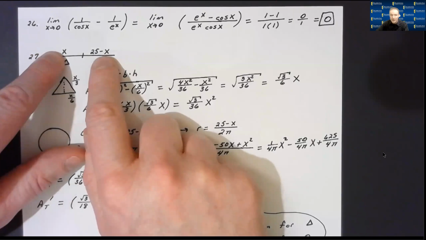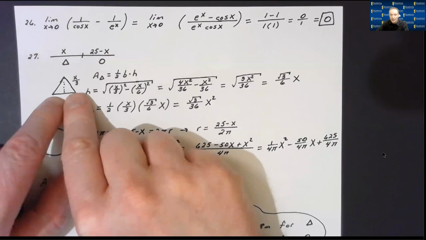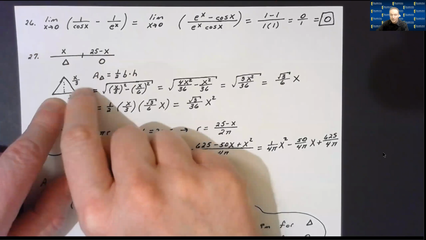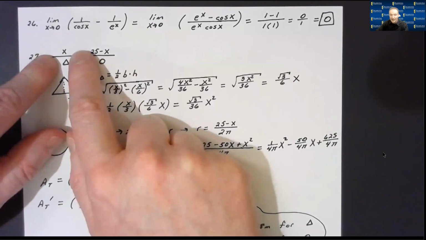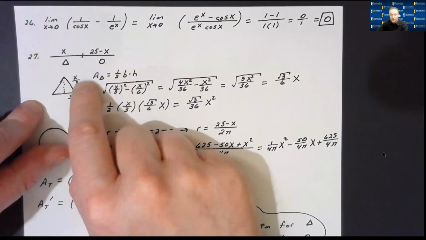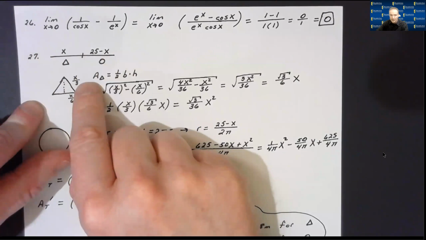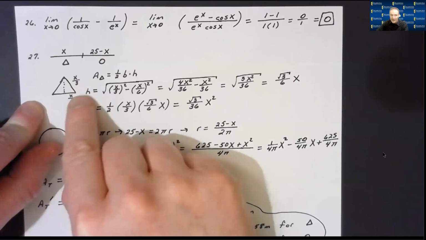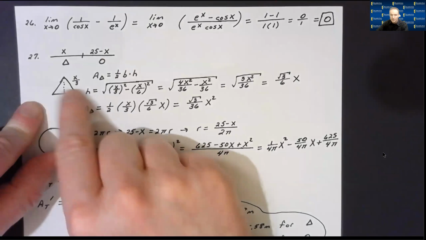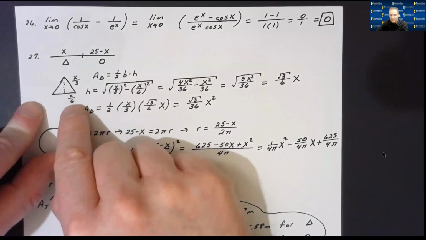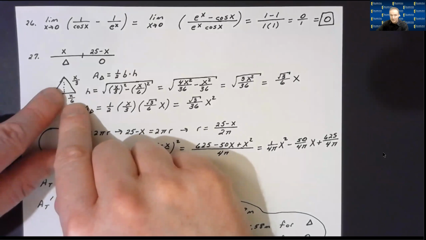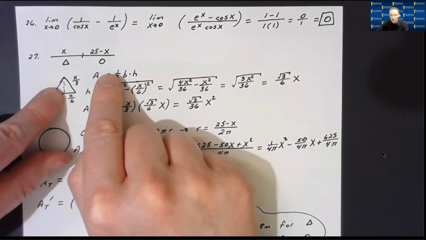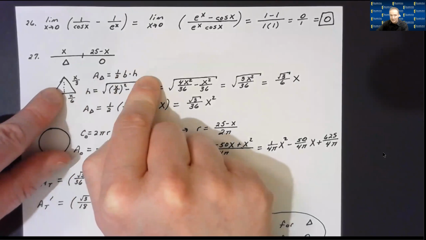Now, I went ahead and thought about what the area of the equilateral triangle with a perimeter of x could be. I know if the perimeter is x, then every side of that equilateral triangle is going to be x over 3. Now, the entire base here would be x over 3, but half of that base would be x over 6. And the reason I drew this is because area of a triangle is always 1/2 base times height.